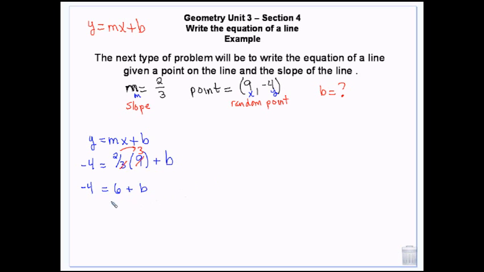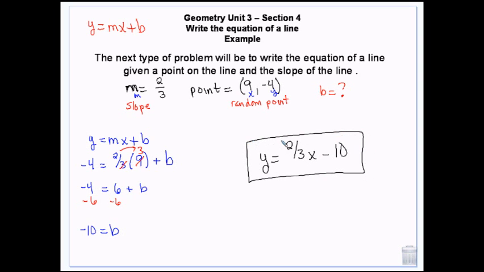I'm going to subtract 6 from both sides. And I get negative 10 is equal to b. So now I have m and I have b, so I can write the equation of the line. I put m and I put b. So if there's a line that goes through the point 9, negative 4, and it has a slope of 2/3, this is its equation.